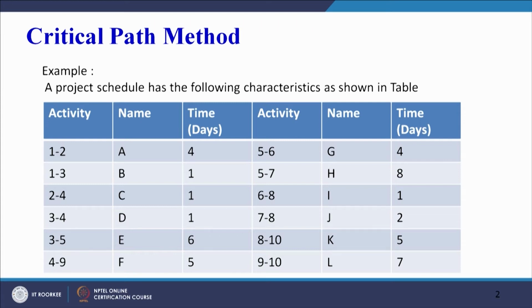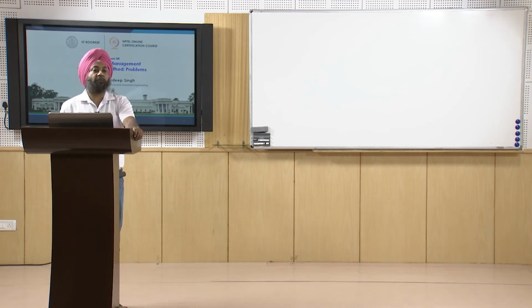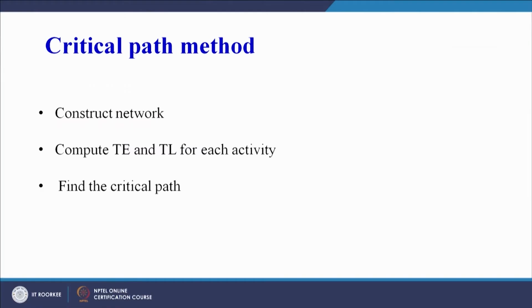If we construct the network based on the node numbers, no precedence relationship is required; it will automatically be established. So we need to construct a network, then calculate TE and TL, which we saw in the previous class, that is the early time and the latest time for each activity, and finally calculate the critical path.